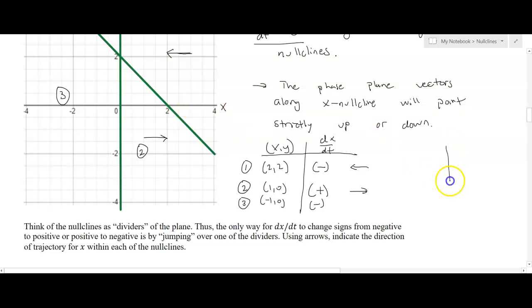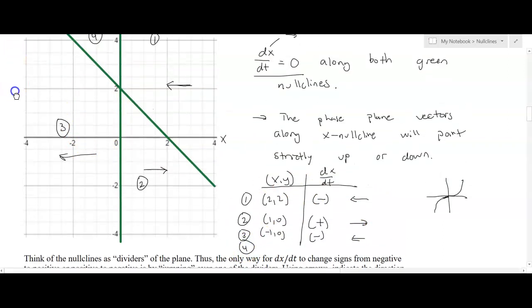Like a cubic function: x cubed has a critical point at x equals 0, but that point is neither a max nor a min. Since the vector at (-1, 0) points left, all the vectors in this region will point left. We don't know where the vectors will point up or down. We're only analyzing dx/dt right now.